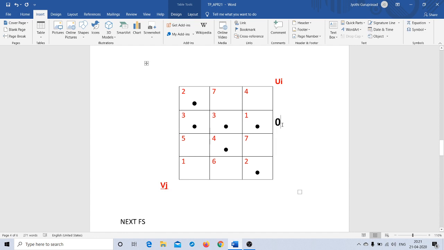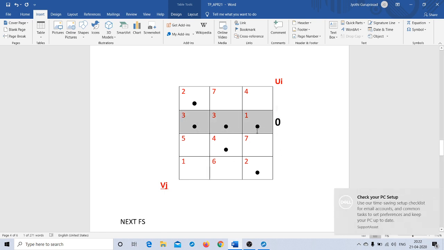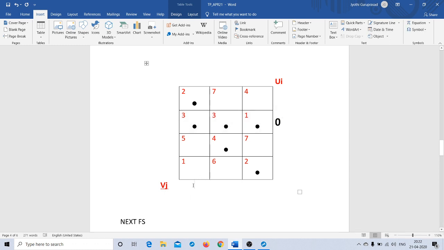With the help of this 0, I am going to calculate the other values of ui and vj. It is very easy to calculate 3 vjs because I have 3 allocations here. So it will directly help me put it as 3, 3 and 1. These are the 3 values of vj.